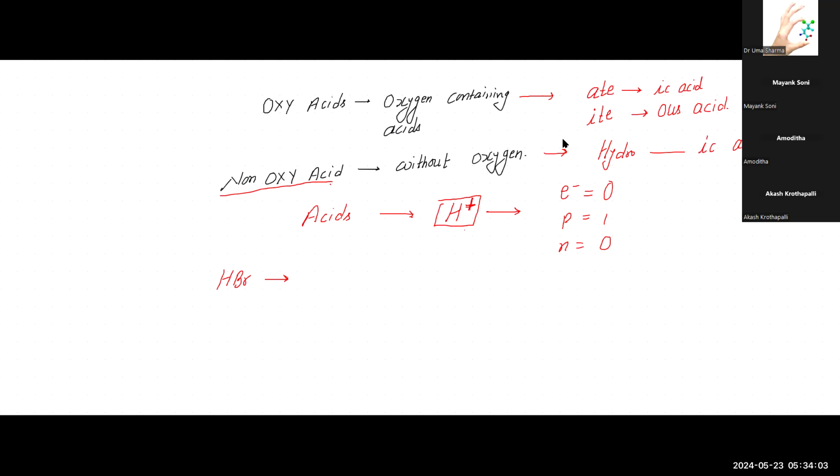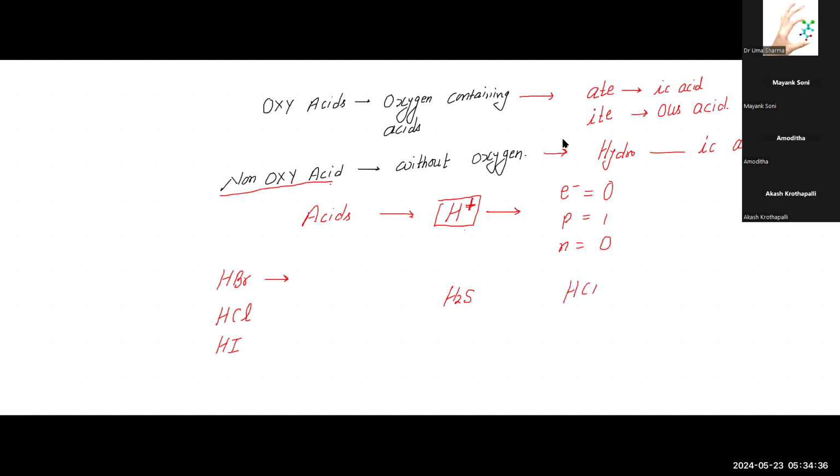Perfect. Very good. Now name this HCl. HI. H2S. Hydrosulfuric acid.